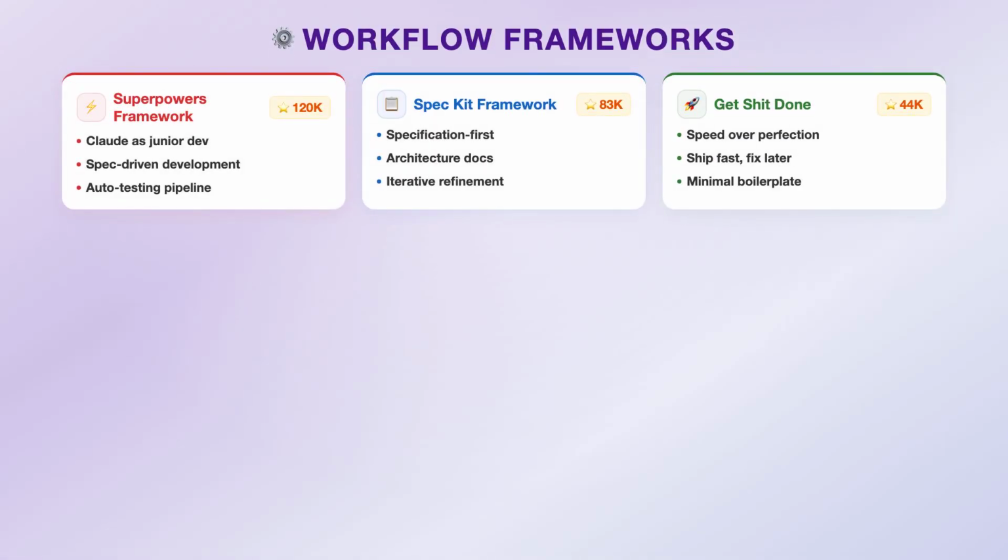This is where it gets really valuable. The repo documents 9 production tested workflow frameworks from repos with over 500,000 combined stars. Superpowers uses test driven development with iron laws and whole plan review. Spec Kit is spec driven with a constitution and 22 built in tools.